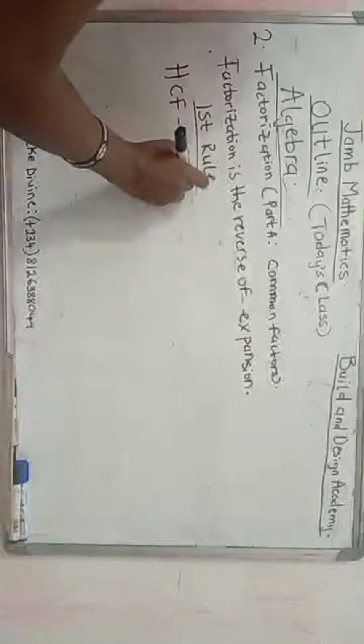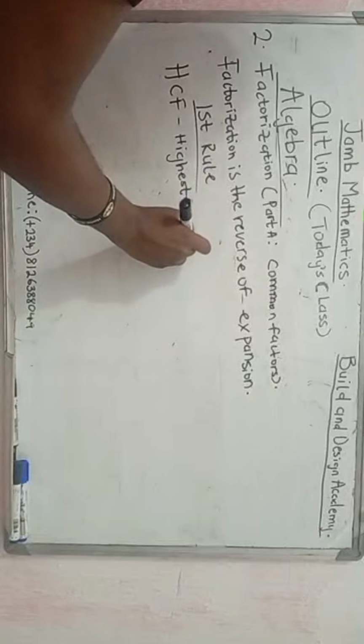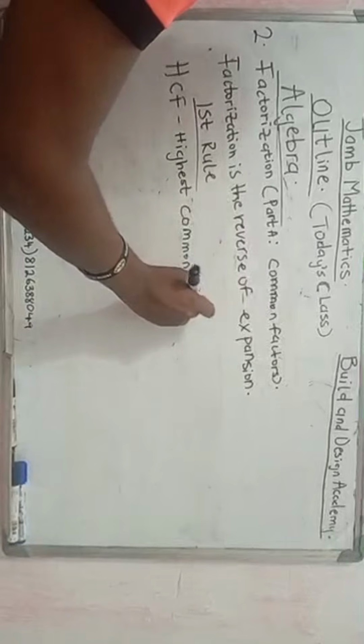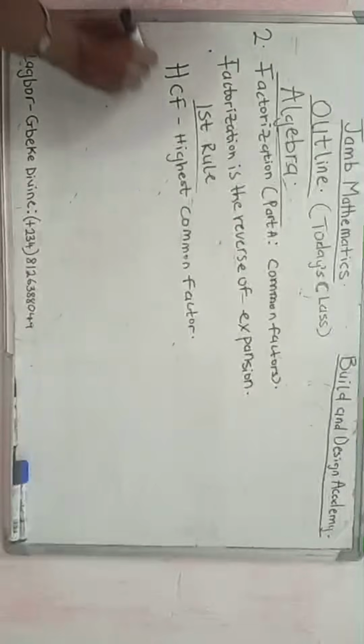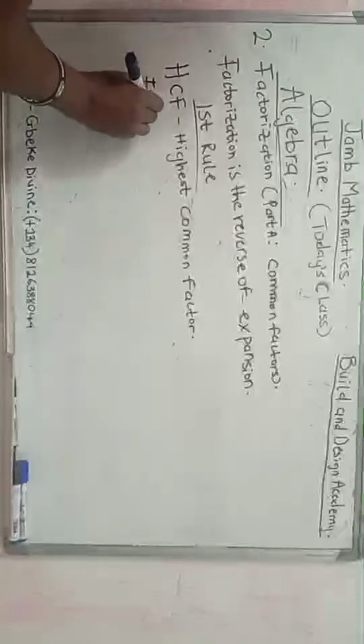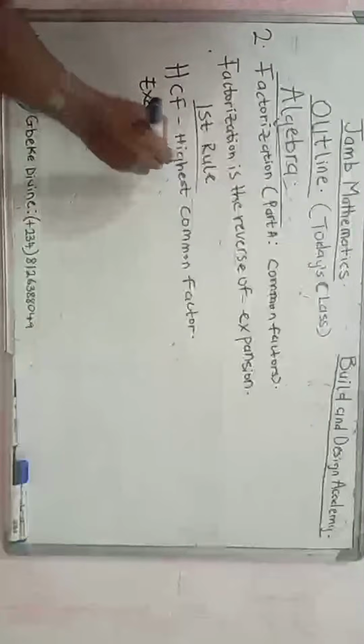So now, after looking at the highest common factor, you look at every term in the expression and ask yourself, what is the largest number or variable that can divide both of them? Now, let's take an example.